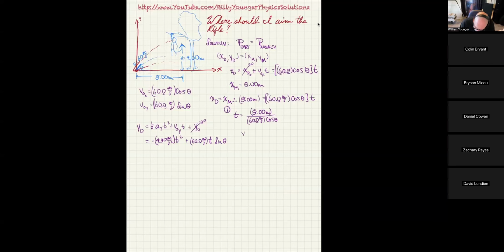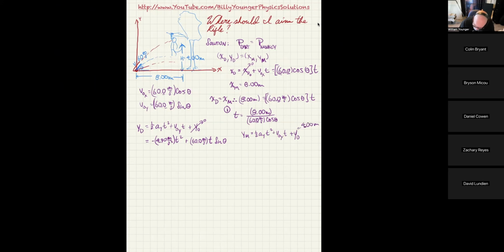Now I need the y position of the monkey. Well, the monkey has an initial y position that's quite different. But it's still going to be 1 half a sub y t squared plus v0 y t plus y0. But in this case, y0 is going to be 4.00 meters.